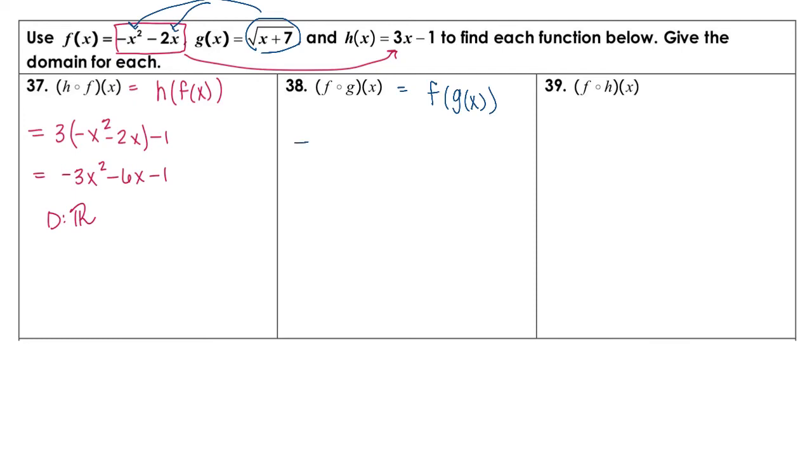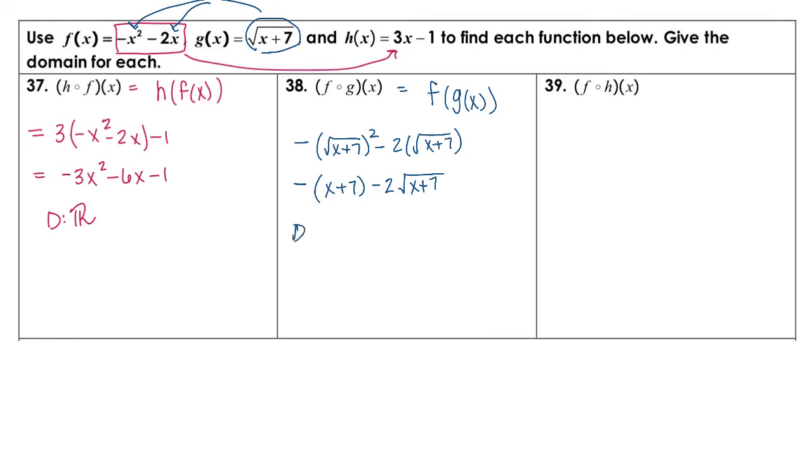And so I'm going to have negative, and then parentheses, the square root of x plus 7, all squared, minus 2 times the square root of x plus 7. And so we have negative times, and we're just going to get x plus 7 there, minus 2 times the square root of x plus 7. And that's about all we can do with this. You can distribute the negative if you need to.